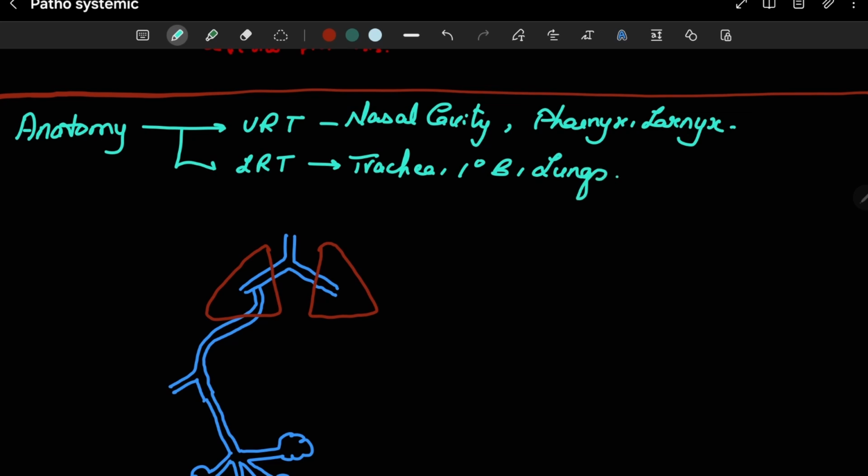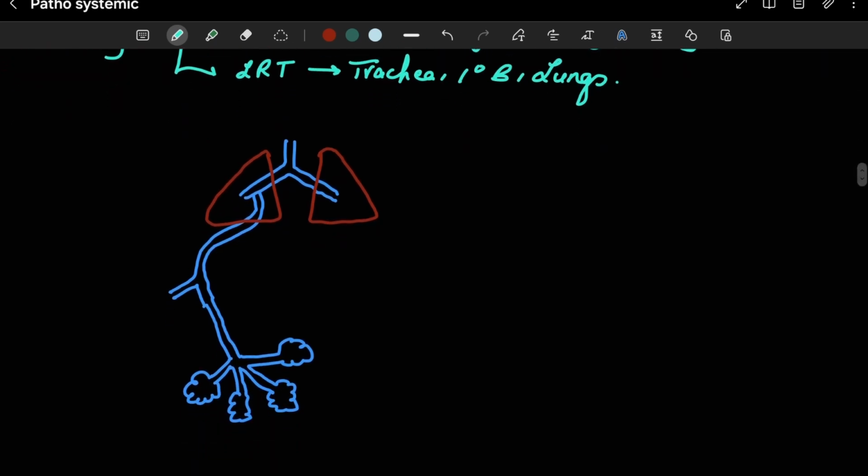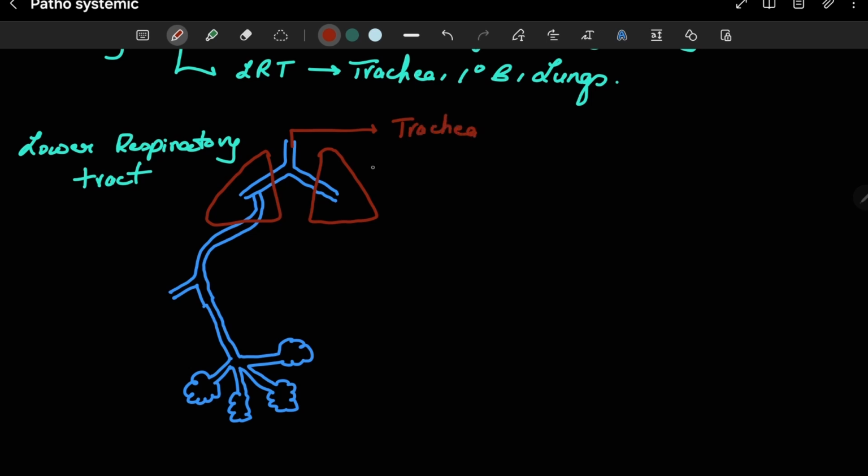So this is the anatomy of the respiratory system. So let us take a deep look at the lower respiratory tract. So for example, that is lower respiratory tract. Lungs, primary bronchi, and these are the secondary bronchi.